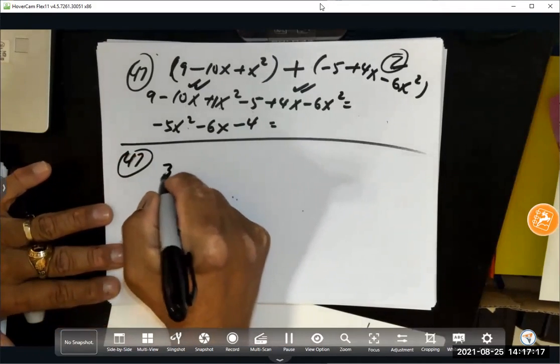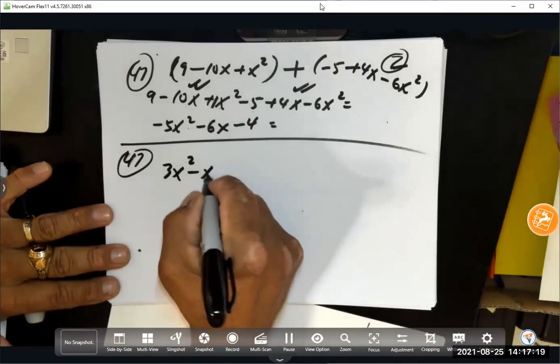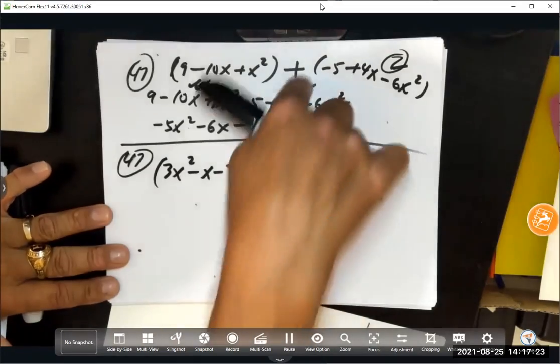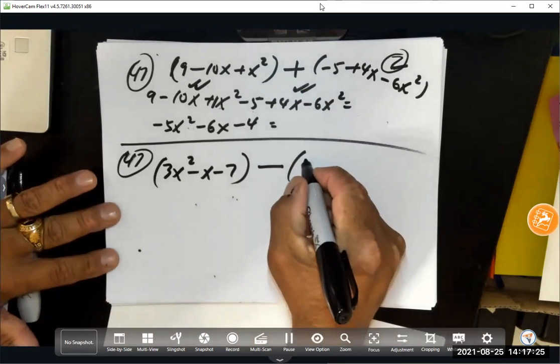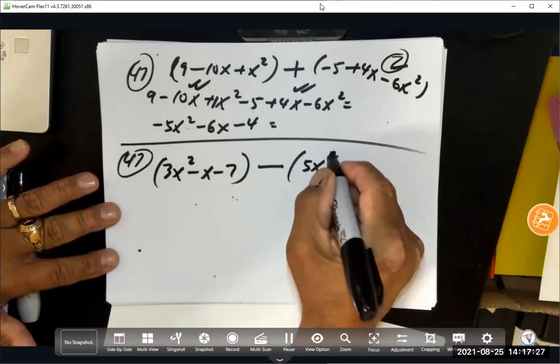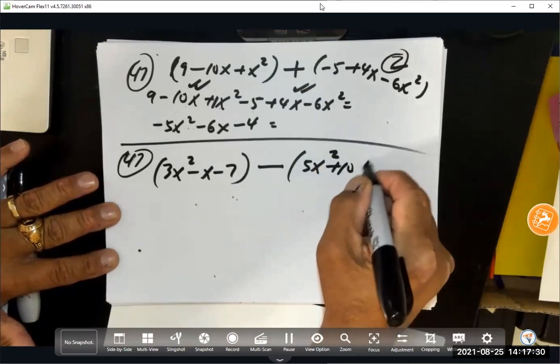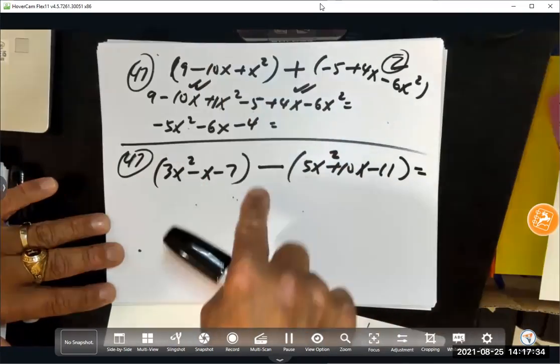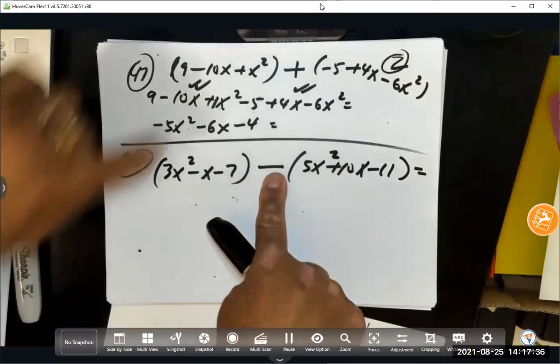Suppose I have 3x squared minus x minus 7, minus sign, 5x squared plus 10x minus 11. It's like this one, except this one has a minus sign in the middle. Do you all see the difference between these two?